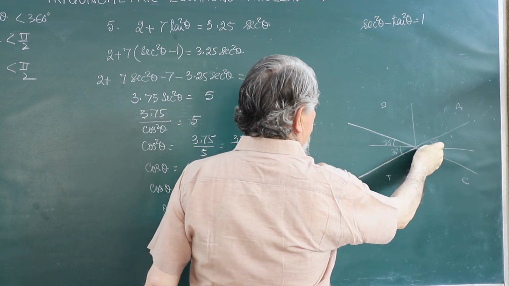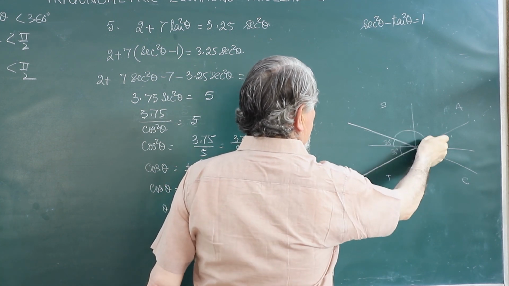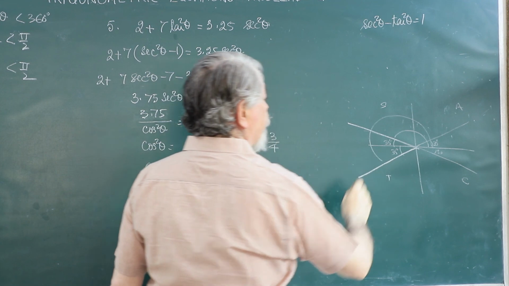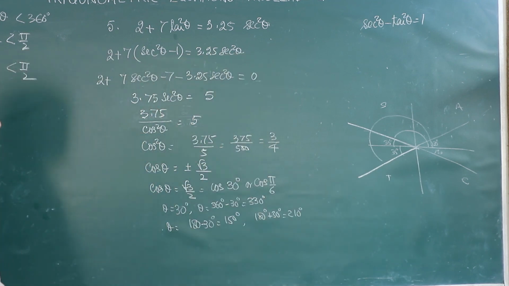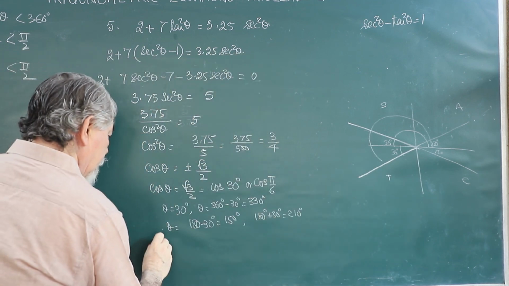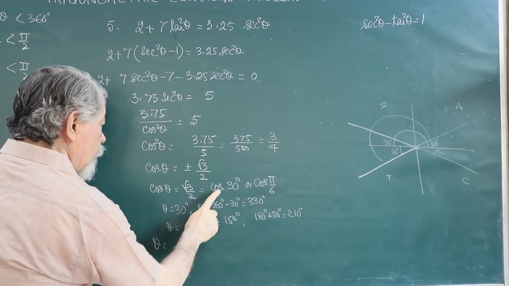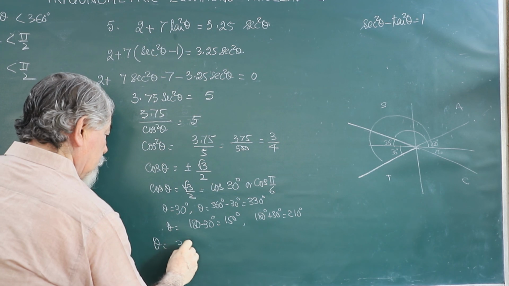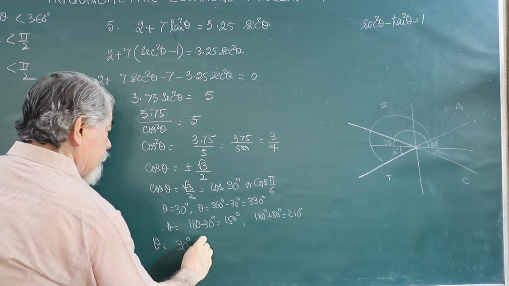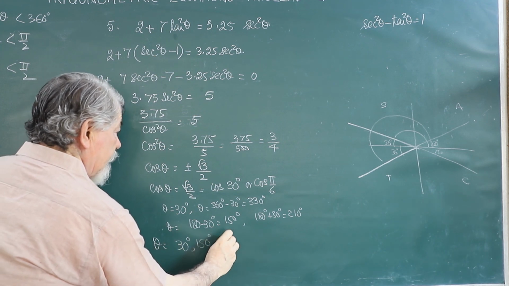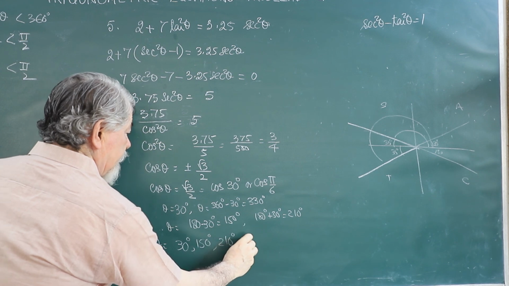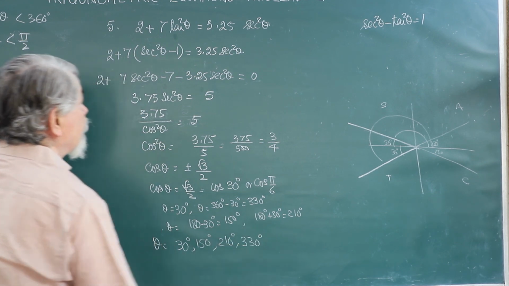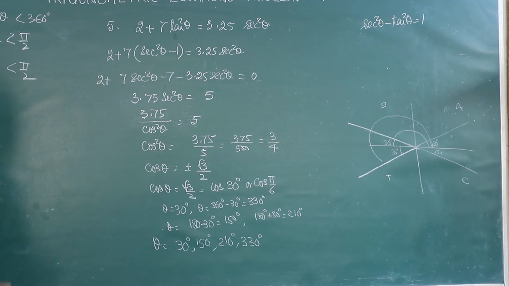This is 150 if you take from here, and this is 210 if you take it from here. So the possible values of theta are 30, 150, 210, and 330. These are the possible values of theta in this particular equation.